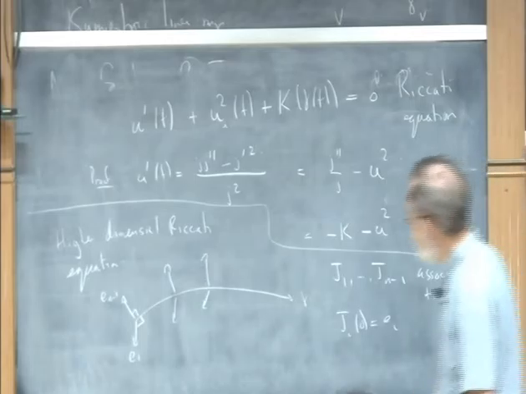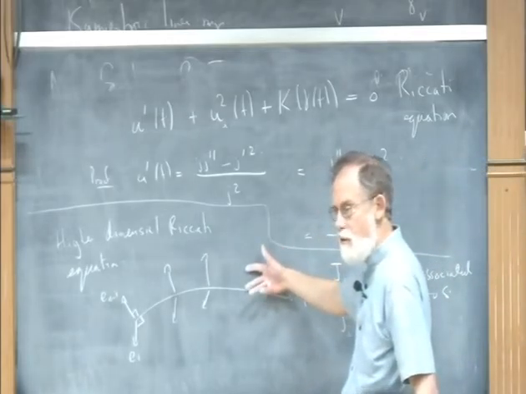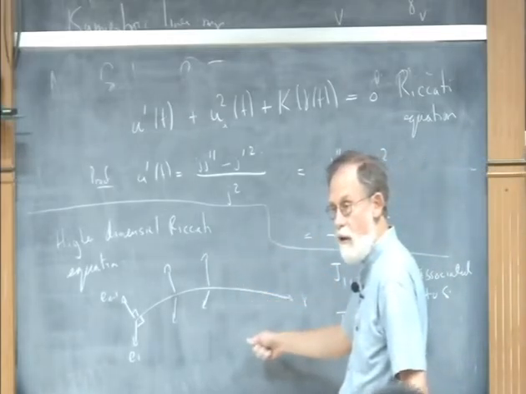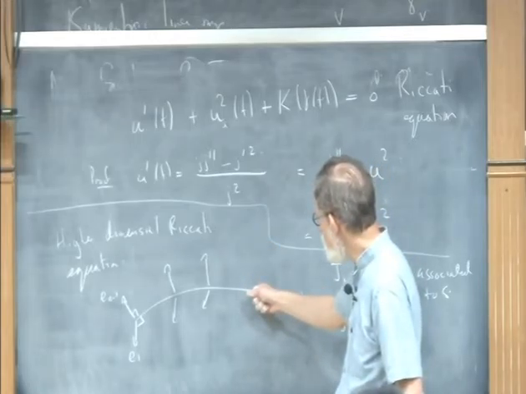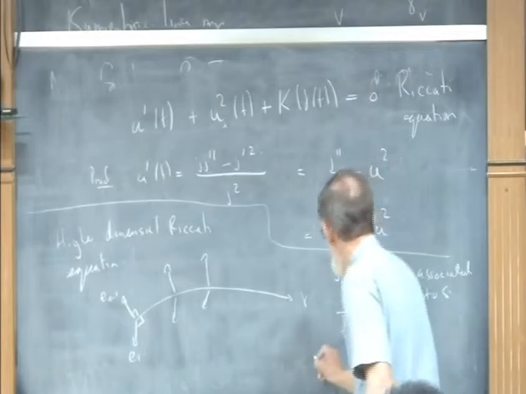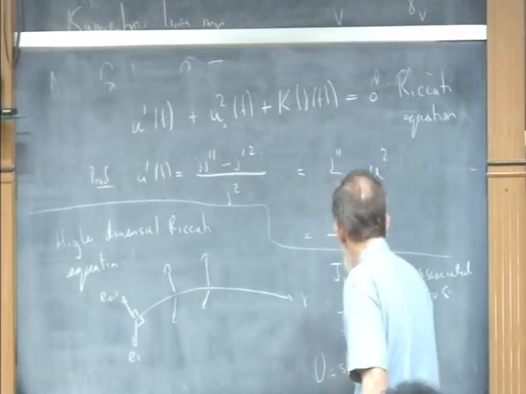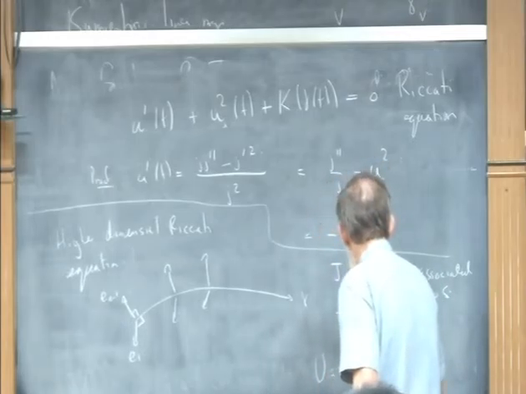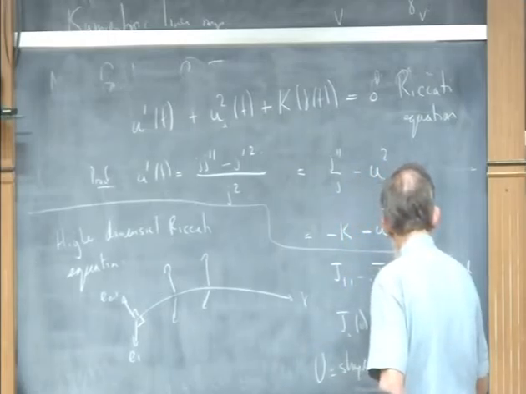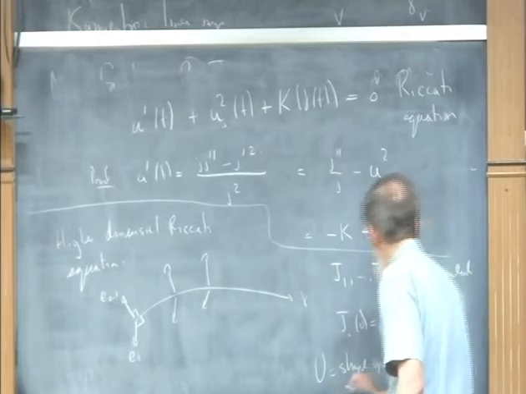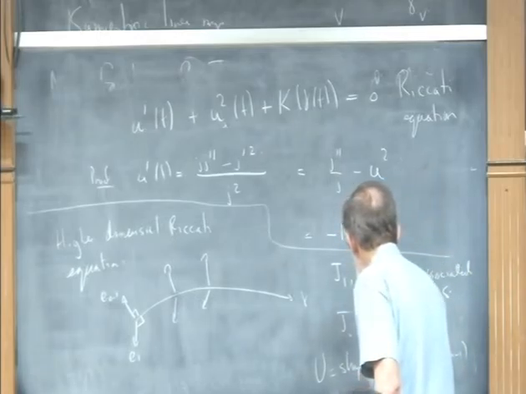You can write your shape operator as a symmetric matrix. So U is the shape operator, and you get an n minus 1 by n minus 1 symmetric matrix.